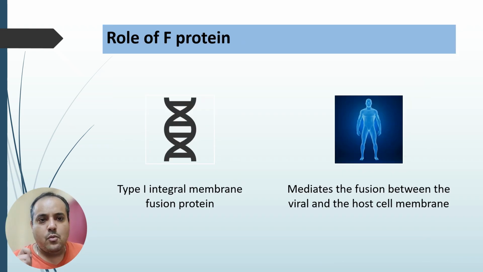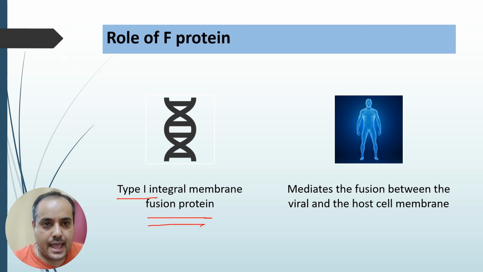Now what is the role of the F protein or the fusion protein? This F protein is a type 1 integral membrane fusion protein, and it is important because it mediates the fusion between the viral and the host cell membrane, right? Suppose this is the viral cell and it is going to infect the host cell, and let us suppose that this is the host cell.